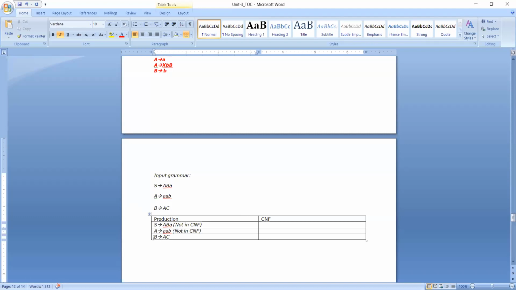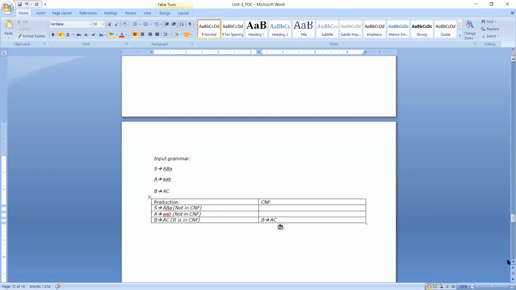Then what about the next production B derives to AC? On the right hand side, we have a maximum of two symbols and these two symbols are variables. So we can say that this production is in CNF form, and hence it will be added to our CNF list.